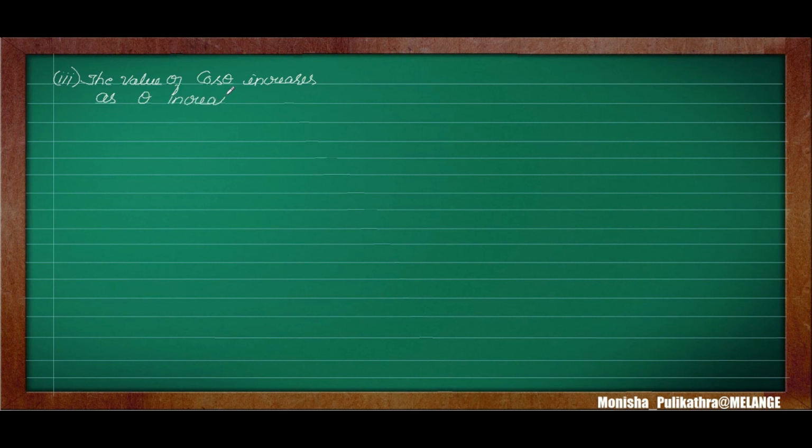Just like the previous question, where they asked whether the value of sin theta increases as theta increases, here it is the value of cos theta. Okay, so let us find cos 0 degree, cos 30 degree, cos 45 degree, cos 60 degree and cos 90 degree.